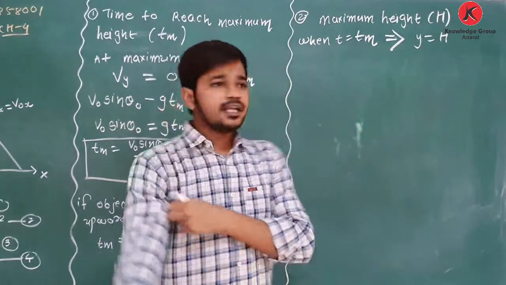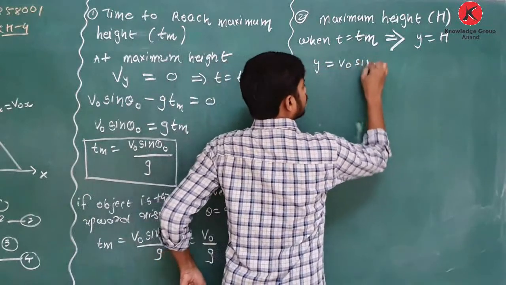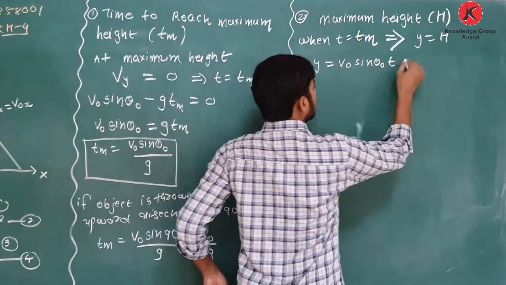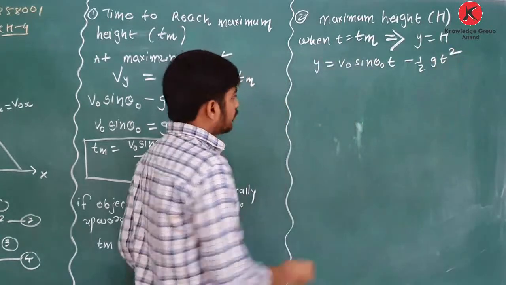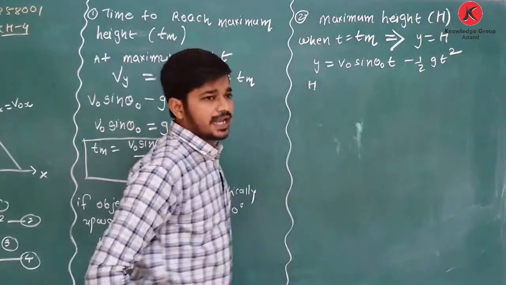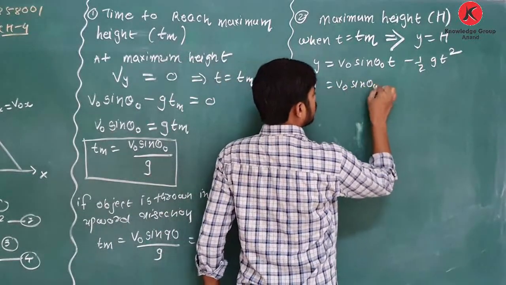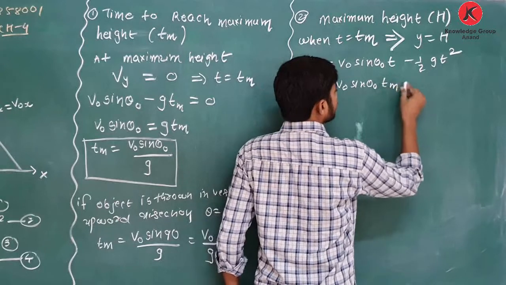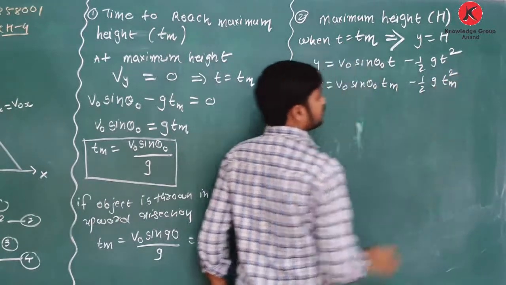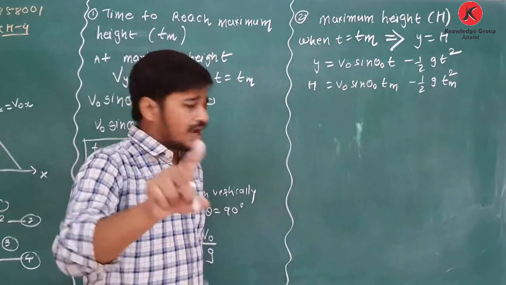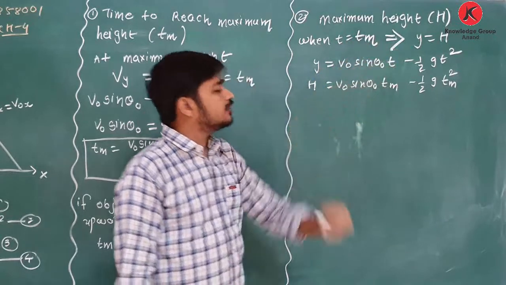Here it is. y is equal to V0 sin theta0 t minus half g t square. In this equation, first of all, y is replaced by H, V0 sin theta0, t is replaced by Tm, minus half g, t is replaced by Tm. Clear about this? So yes, you have to remember this condition: when t is equal to Tm, y is equal to H.